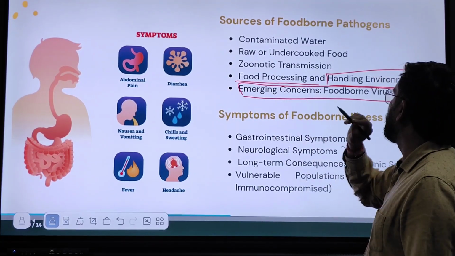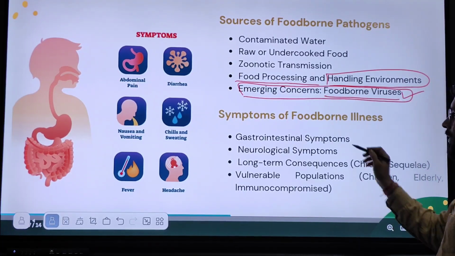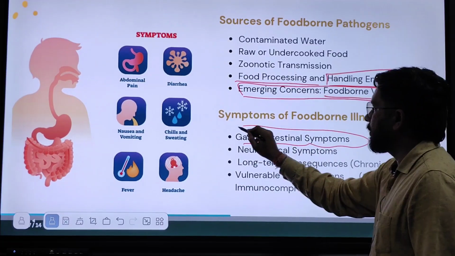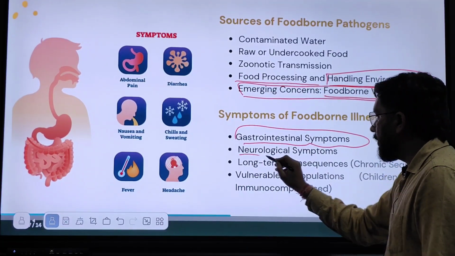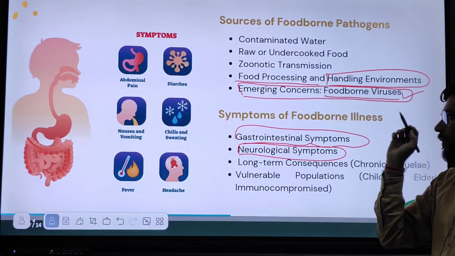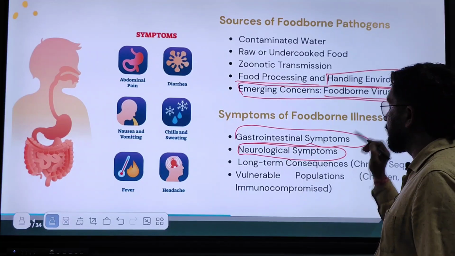It is an emergency concern when the foodborne infection is from viruses. Symptoms: gastrointestinal symptoms. In certain cases, neurological symptoms are also reported from individuals infected with foodborne pathogens.